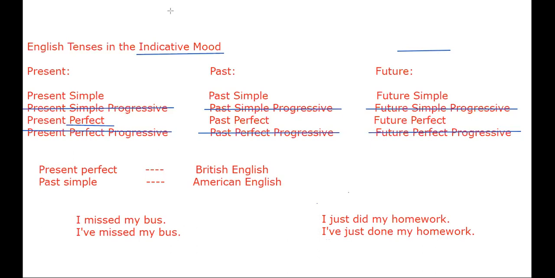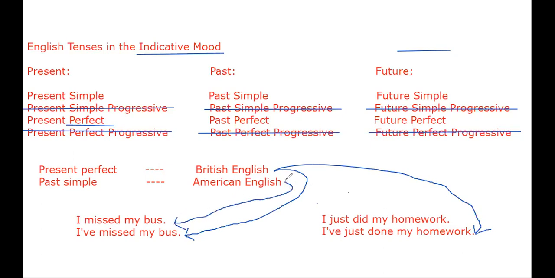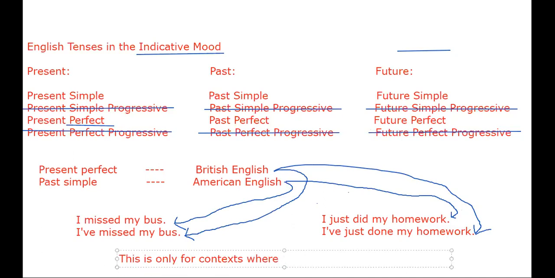So British English tends to use this form and this form more often than American English, whereas American English tends to use this form and this form. But this is only for contexts where either verb form can be used.